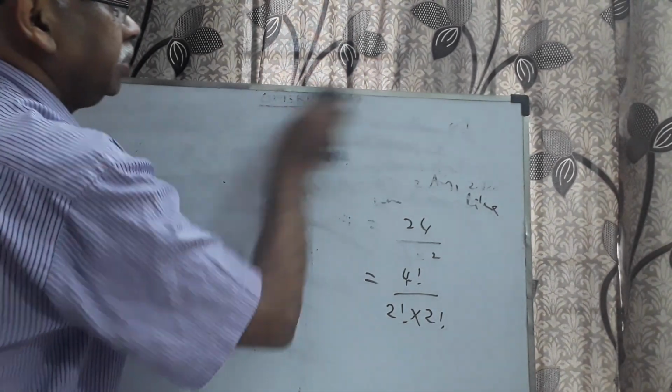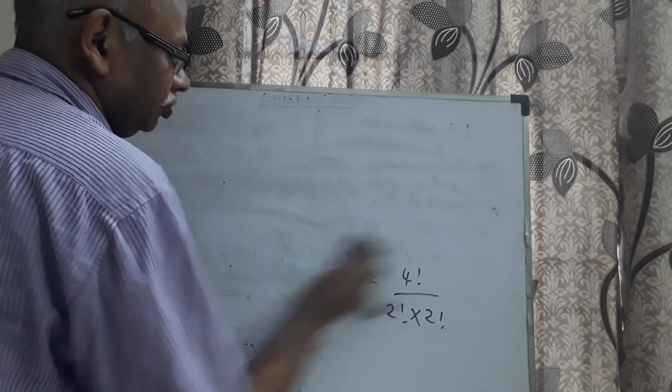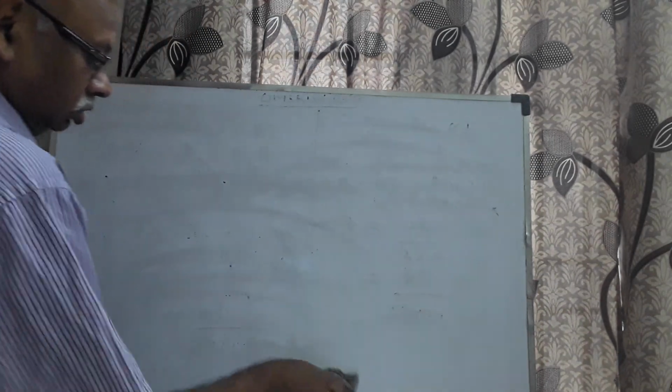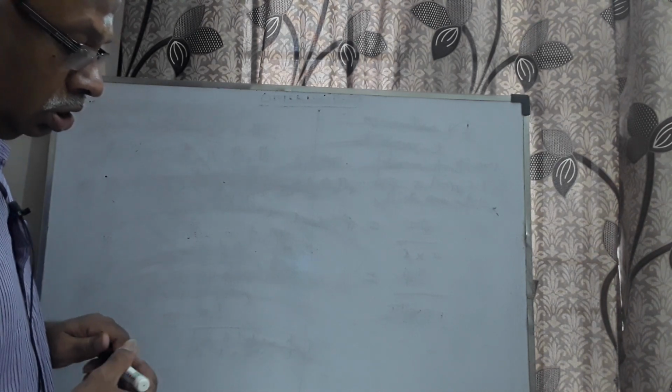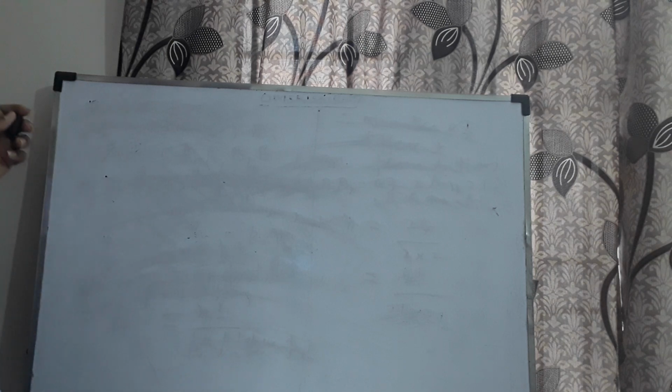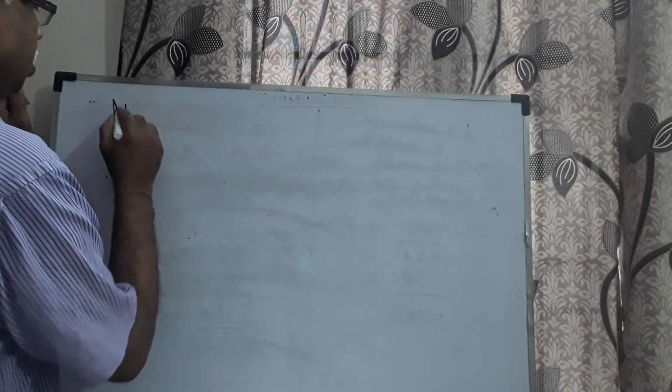Find the distinct permutations of the letters of the word approximation. Find the probability of arrangement of the letters of the word approximation which starts with A and ends with A. Sorry, I just repeat the question.